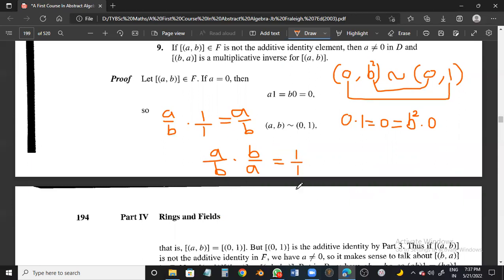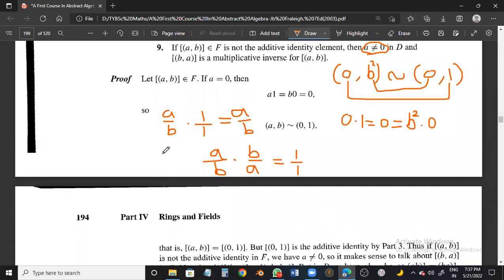And the answer is 1 by 1, which is our multiplicative identity. So the multiplicative inverse of A, B is nothing but B, A provided A is non-zero. This is the very important condition. If A is non-zero, then only we will think of its multiplicative inverse.